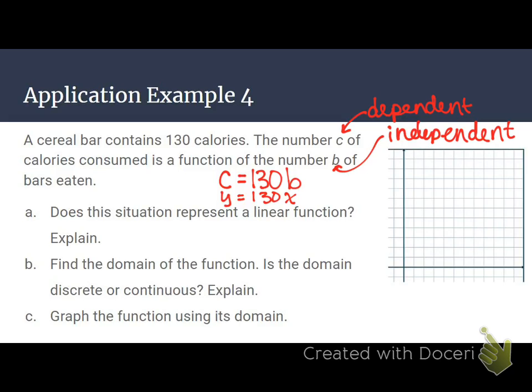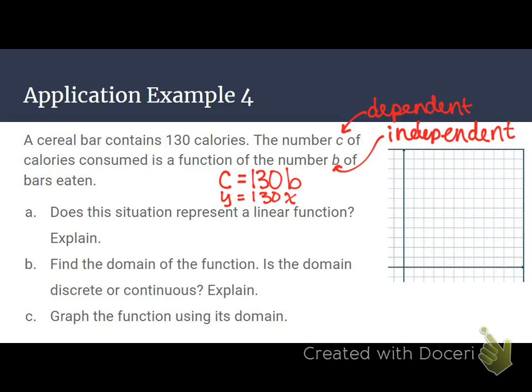Do we think that this is going to be a linear function? Think back to our notes from Thursday. I see some people shaking their heads yes. I would agree, this is linear. X is not in an exponent. X is not in a denominator.